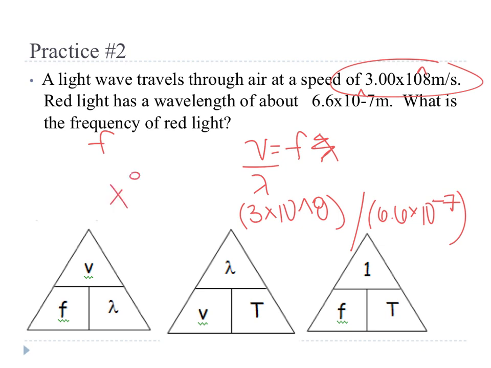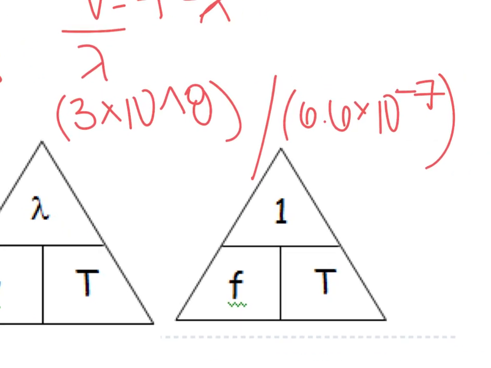All right, anybody think you can get it? X to the 8th divided by x to the negative 7th should be x to the 15th. So I know whatever number I get should be really big, something times approximately 10 to the 15th. When you go ahead and do that, what did you guys get?